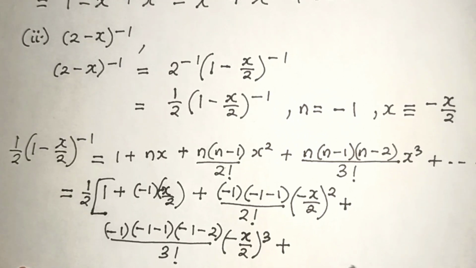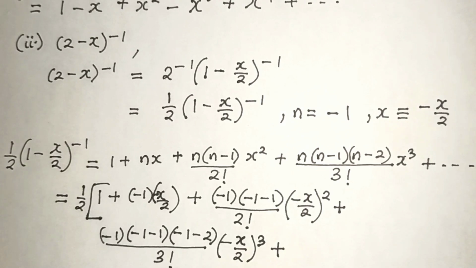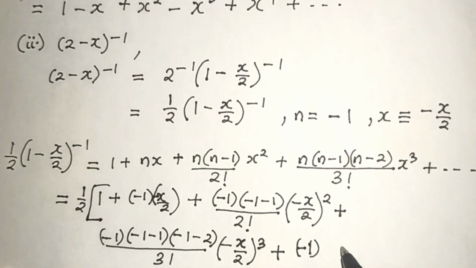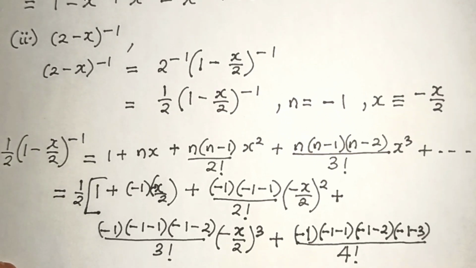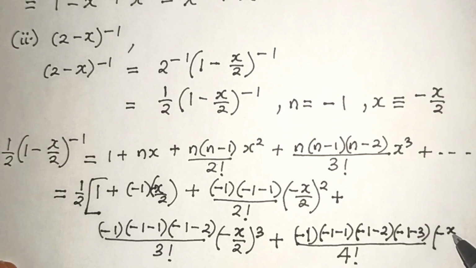The fourth term will be equal to minus 1 into (minus 1 minus 1) into (minus 1 minus 2) into (minus 1 minus 3) all divided by 4 factorial into (minus x over 2) all raised to power 4.